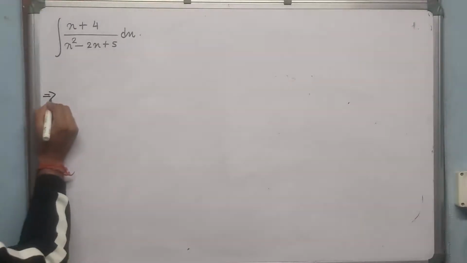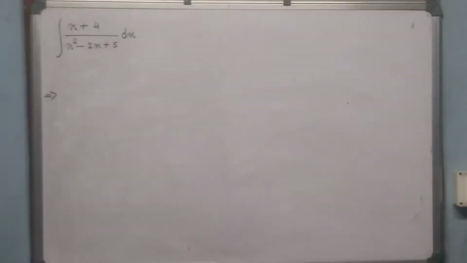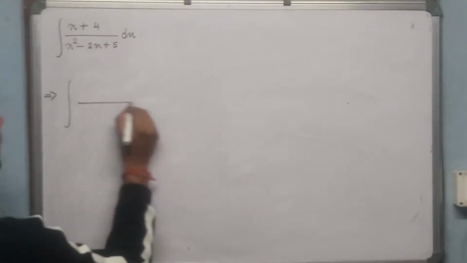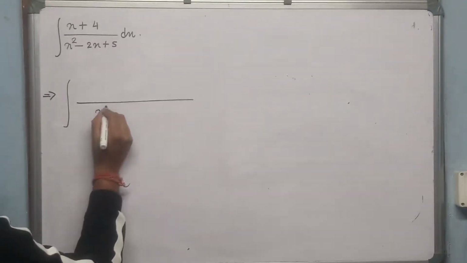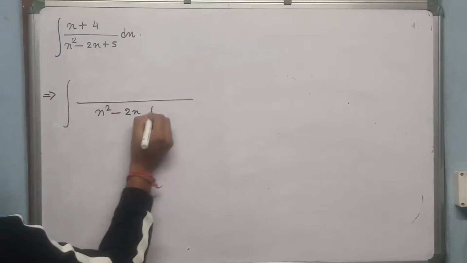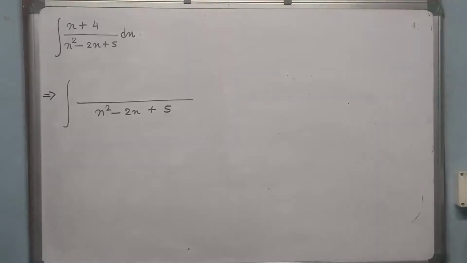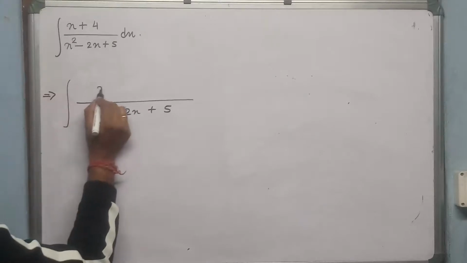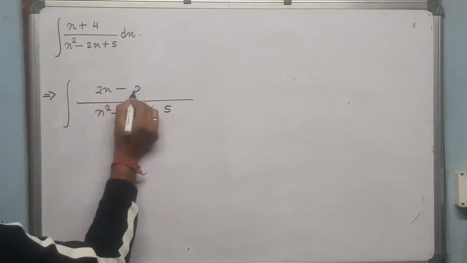Now, for this kind of integral, linear over quadratic, what you have to do is, first write its denominator, x square minus 2x plus 5. Then write down its derivative in the numerator, 2x minus 2.